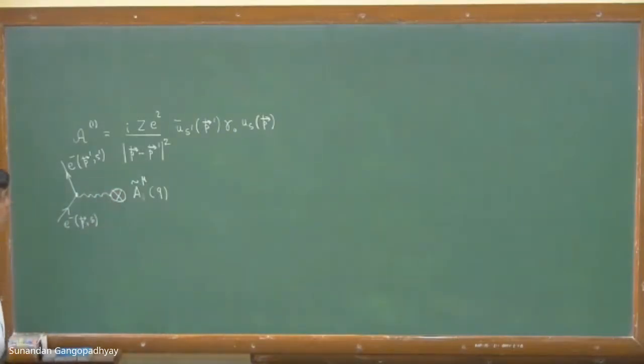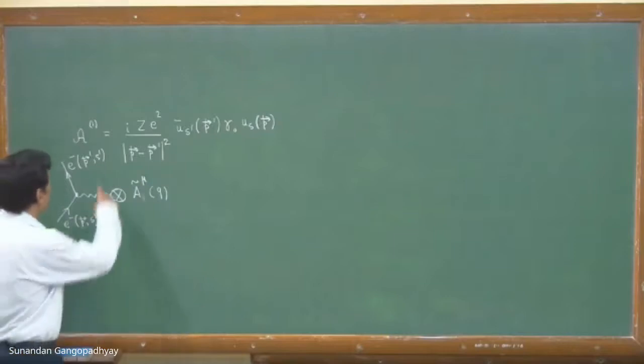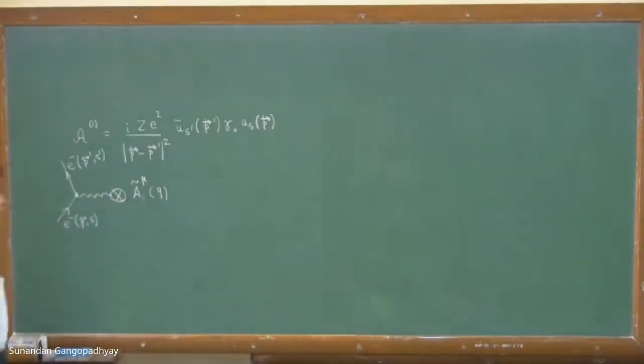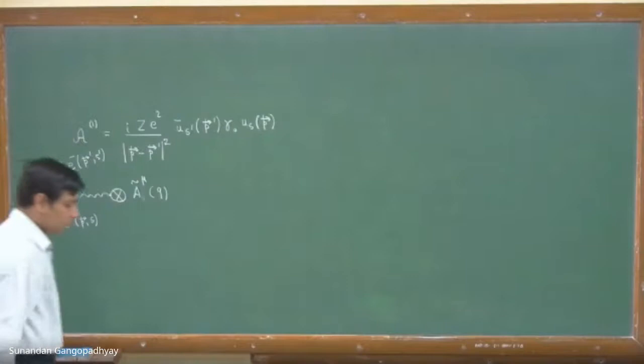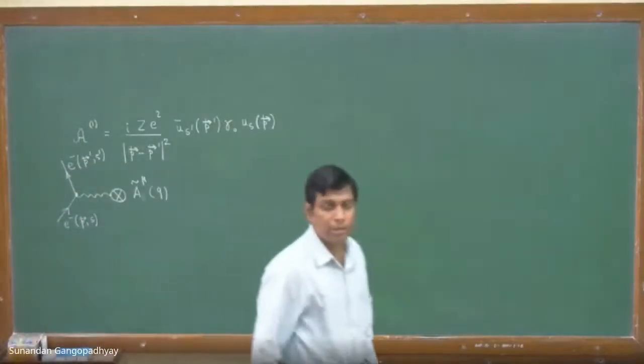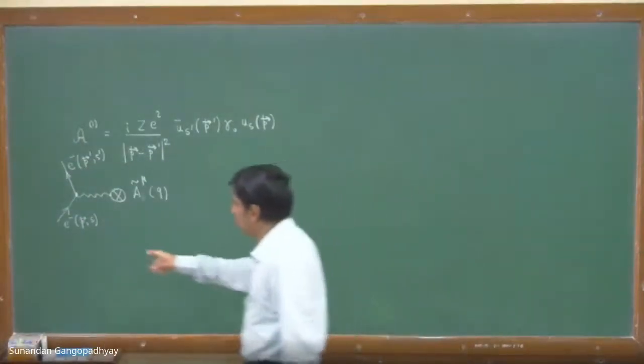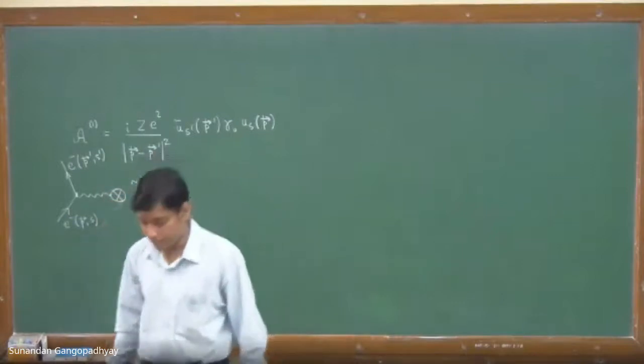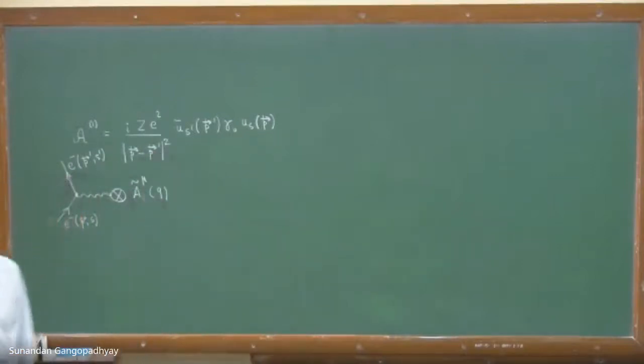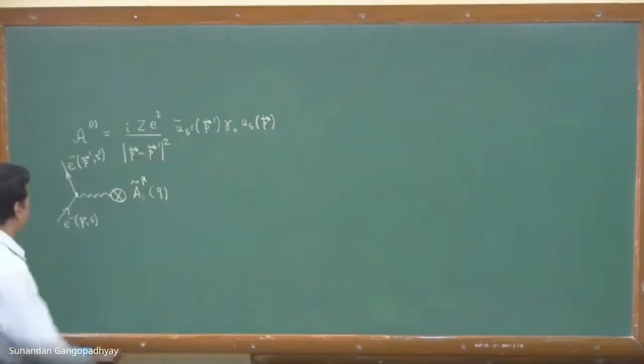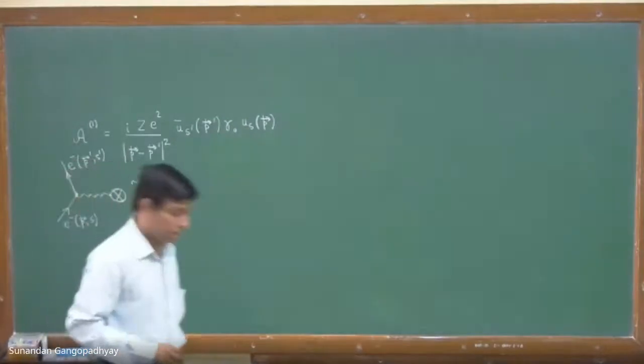In the last lecture we calculated the scattering amplitude to be this, and then we squared it up to calculate the probability of scattering this electron on the electromagnetic potential due to the nucleus. From there we calculated the cross section, and it reproduced the Rutherford scattering cross section formula.